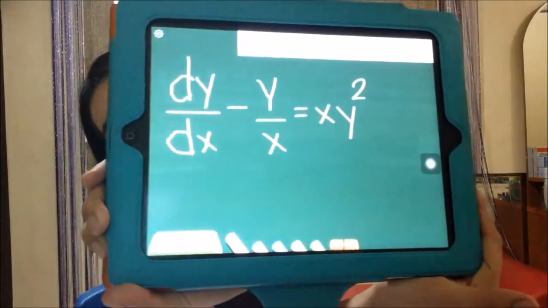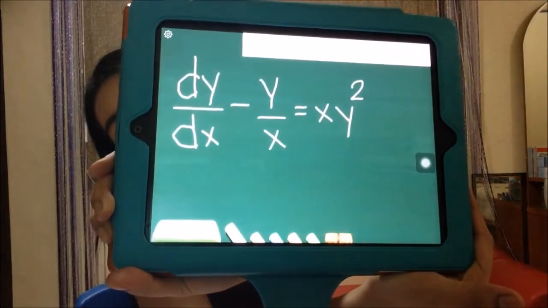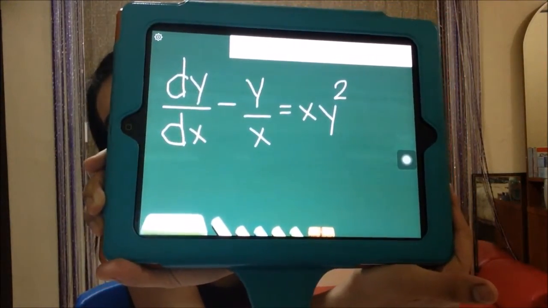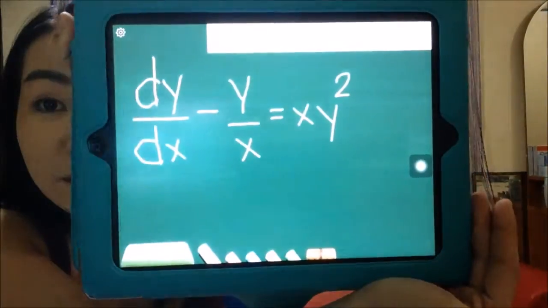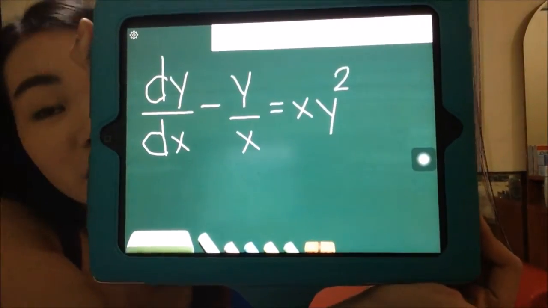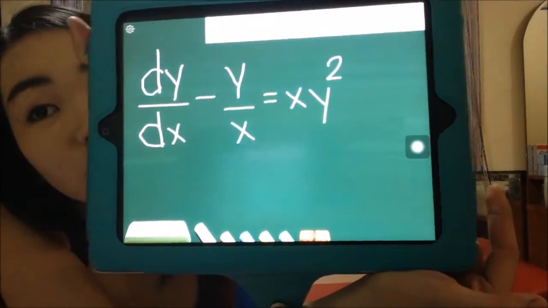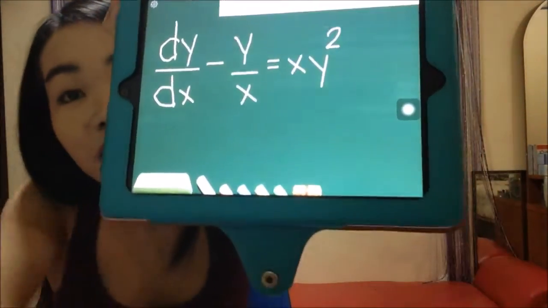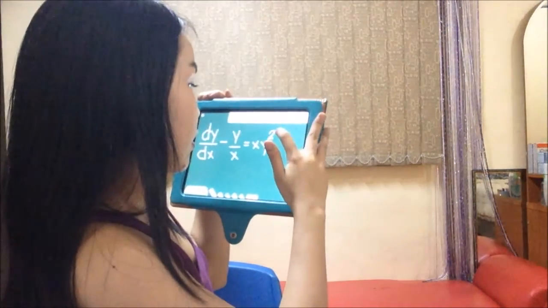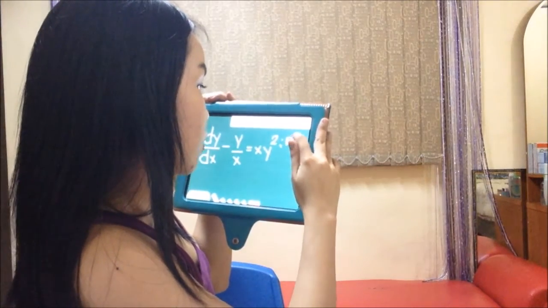So, let's try it on my first example, my simplest example. Dy over dx minus y over x is equal to x y squared. The p function of x here is 1 over x, and the q function of x here is x. And the n here is equal to 2.